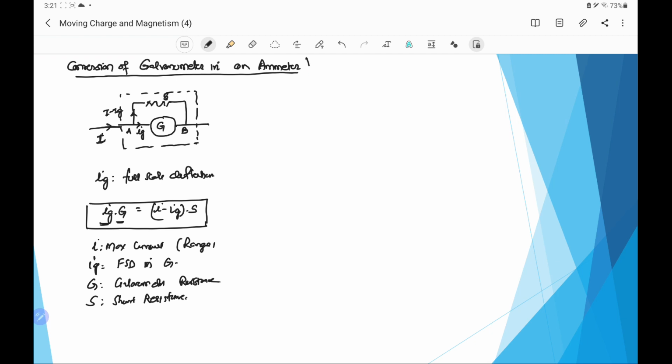Similarly, we can convert a galvanometer into a voltmeter. Conversion of a galvanometer into a voltmeter.